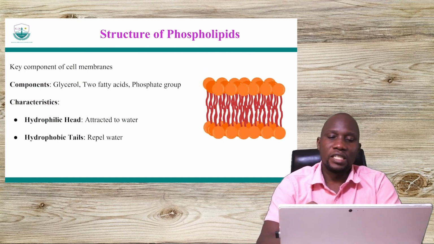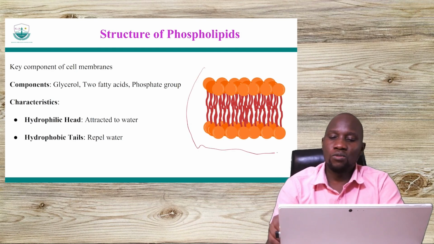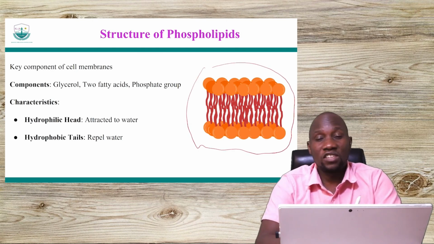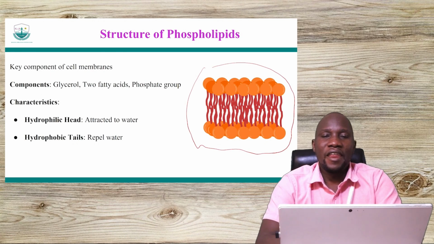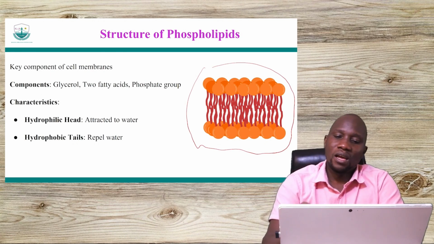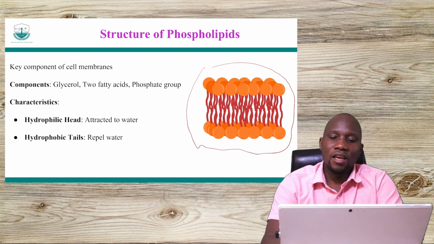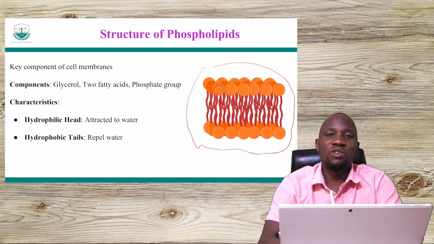Okay, this is still to illustrate to you. You may need to check out the structure of the cell membrane and see the orientation of the phospholipids. Here, we are basically illustrating the phospholipid heads and the phospholipid tails. Like we said, the head is polar and is water-loving, and we say it is hydrophilic.